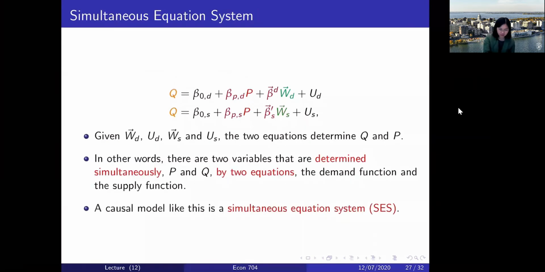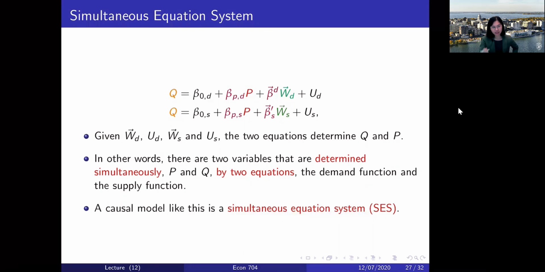That is, the price and the quantity, the two random variables, are determined simultaneously by these two equations that have to hold simultaneously. And that's why this causal model, which includes a system of equations that has to simultaneously hold and determine multiple endogenous variables, we call a simultaneous equation system.